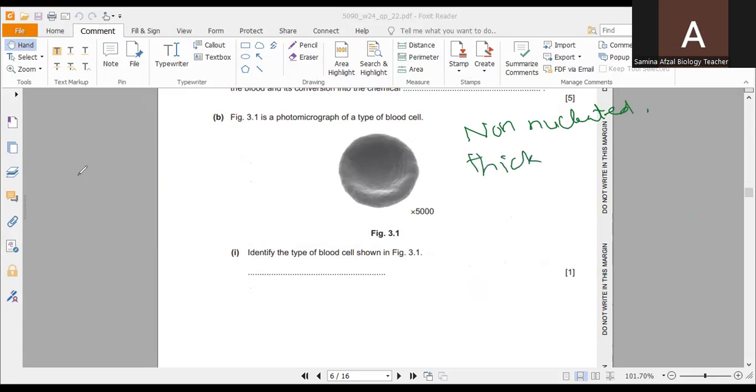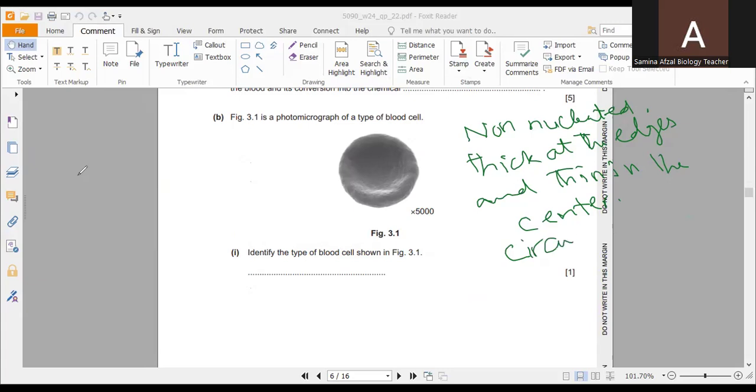It is thick at the edges and thin in the center, circular, biconcave in shape.